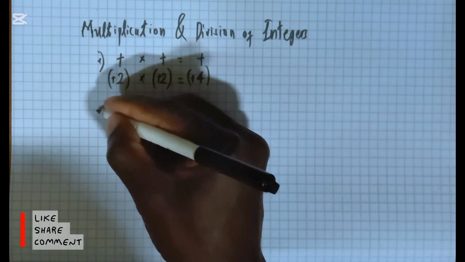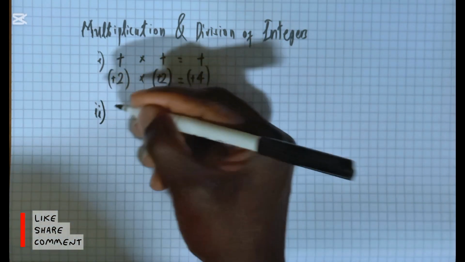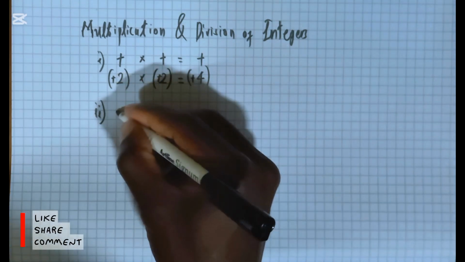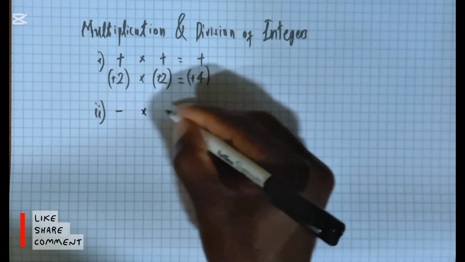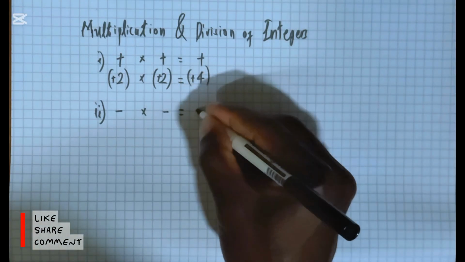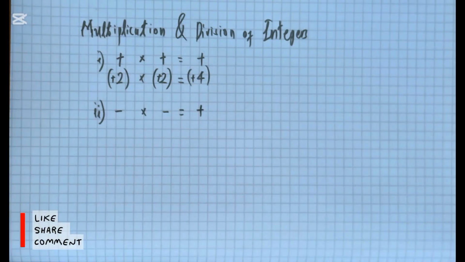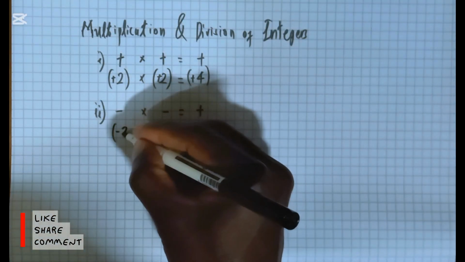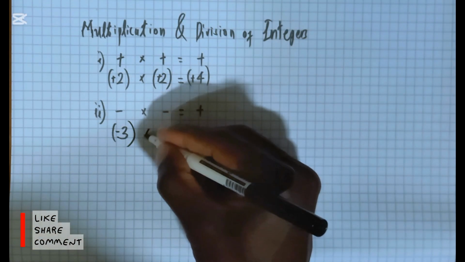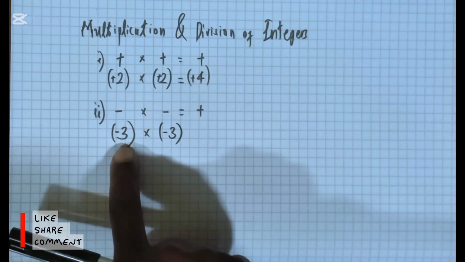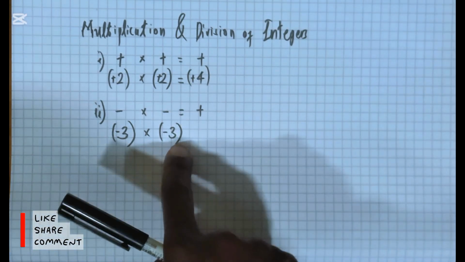Of course, we also expect that when you have a negative number and you multiply it by a negative number, you're going to get a positive product. For example, if I take negative 3 and multiply it by negative 3, I want you to note this is a negative number, and this is a negative number.